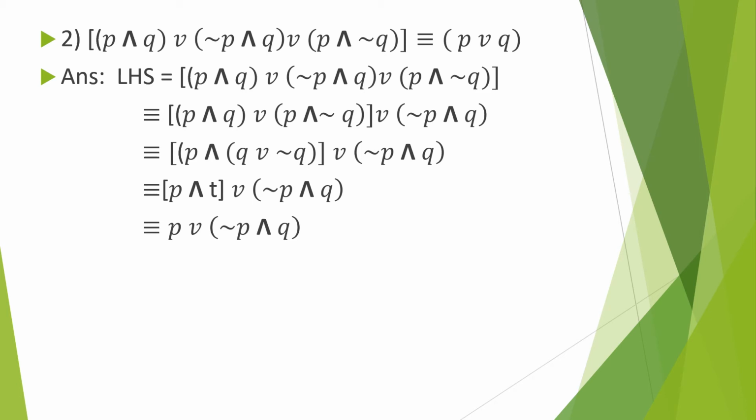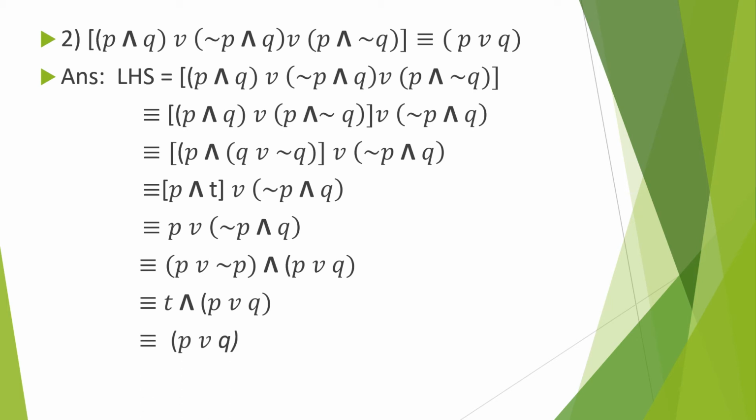So applying the distributive property, it becomes P or negation P and P or Q. Again, the first bracket is a tautology. P or negation P is a tautology and P or Q as it is. Now tautology and any statement is that statement itself. So that's why it is P or Q, and that is the right hand side.